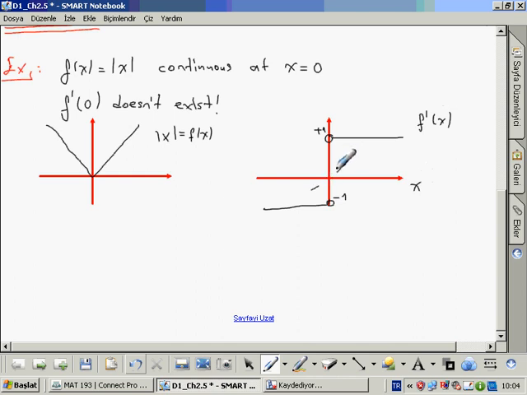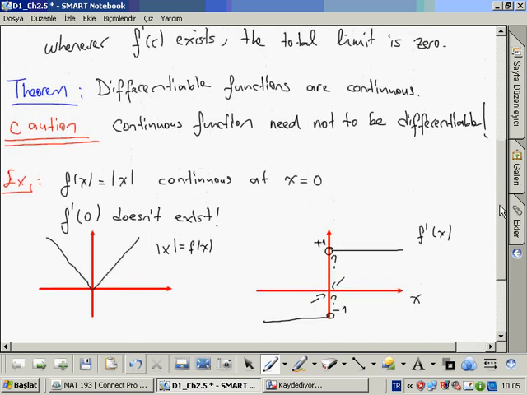As you see, at this point f prime of 0 does not exist, so don't forget it. We can say differentiable functions are continuous, yes, but a continuous function need not be differentiable. Sometimes you can find continuous functions that are differentiable, but some of them cannot be differentiable. Don't forget it.